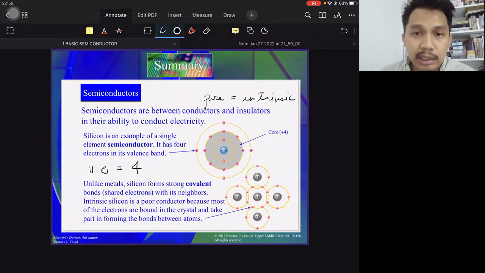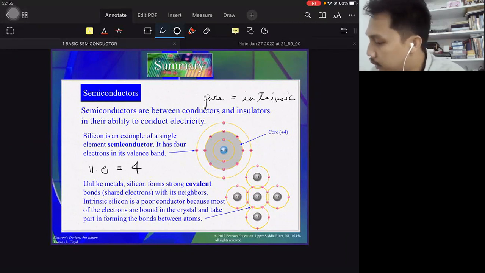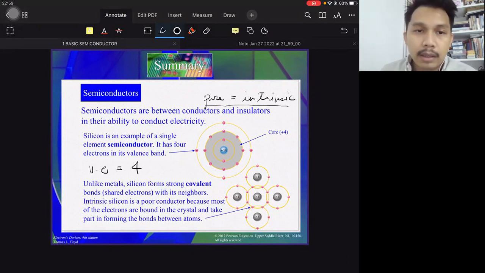An intrinsic crystal is one that has no impurities. Again, let's stress this. Covalent bonding for germanium is similar because it also has 4 valence electrons.